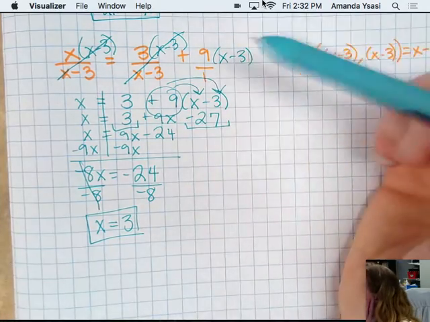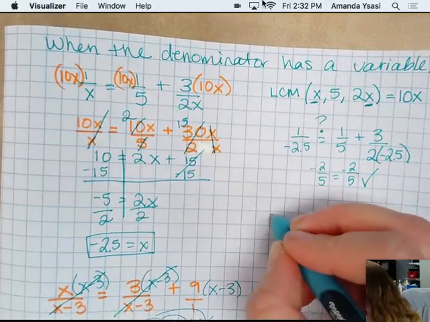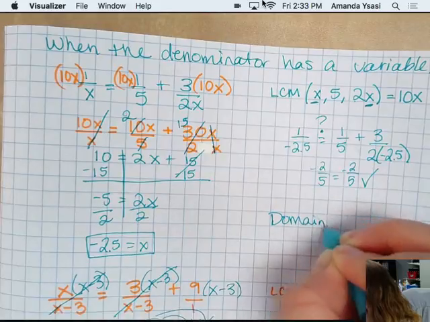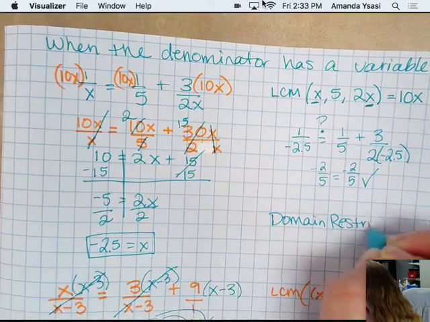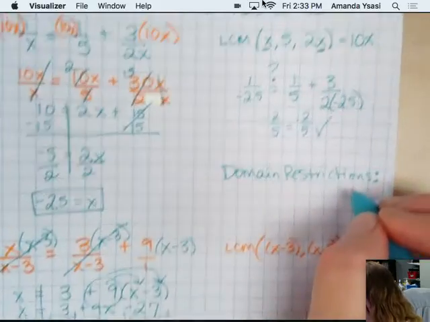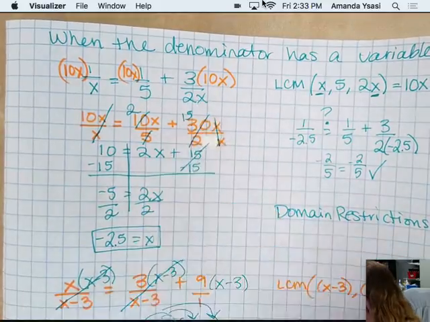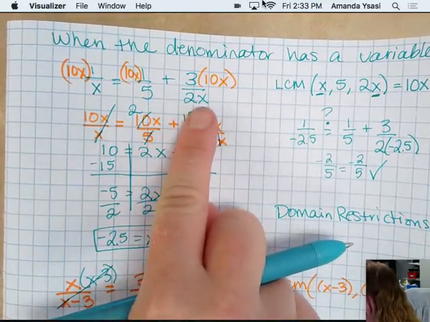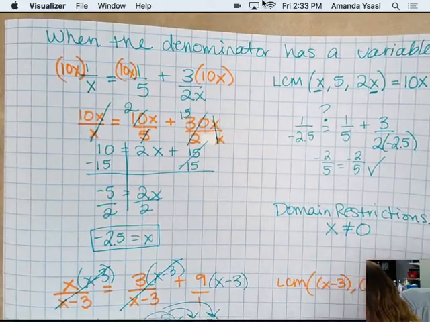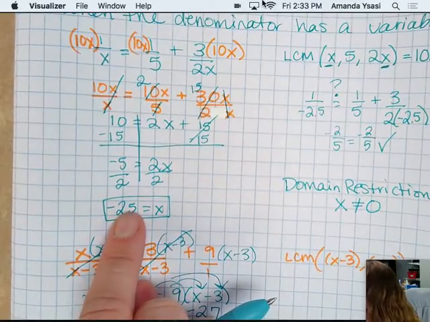But whenever you have fractions, I forgot to do that on here. What can x not equal? Remember how we did that in one of the reviews about domain restrictions? What can the denominator not equal? 0. So what would make the denominator 0? So x cannot equal 0, which x was negative 2.5, right?